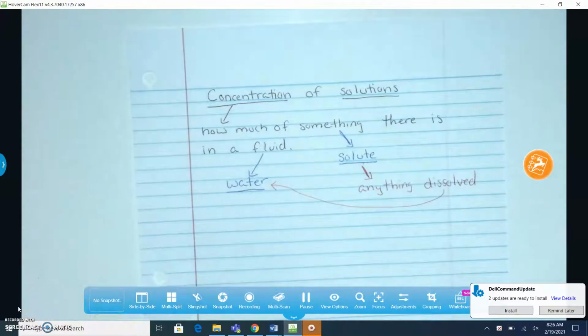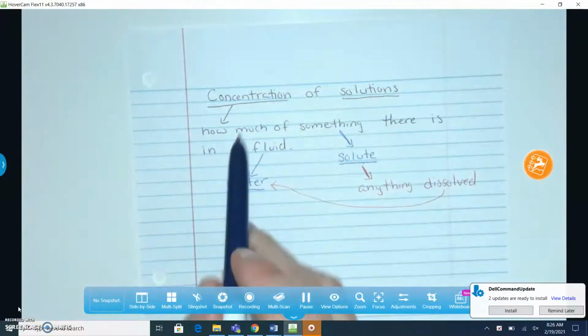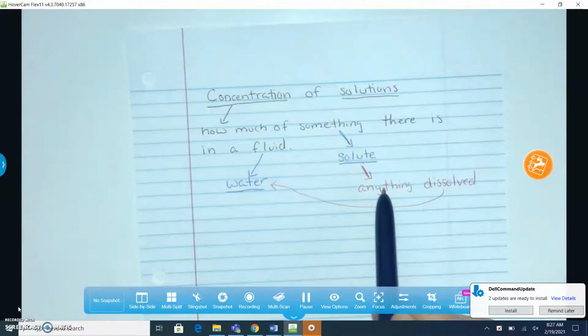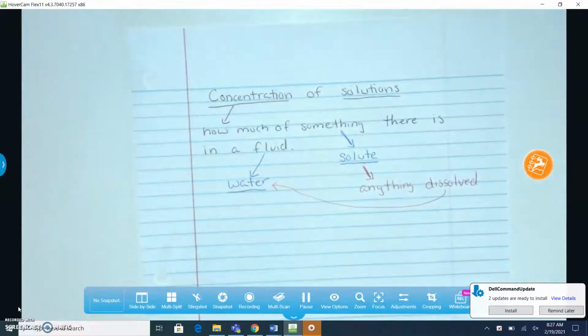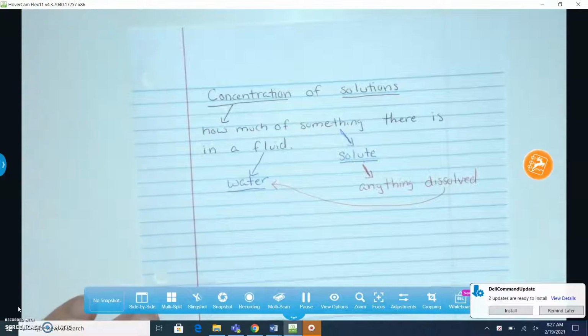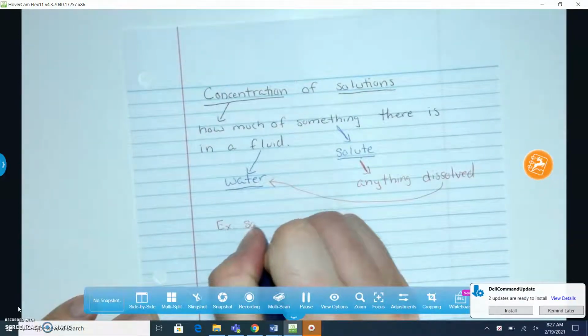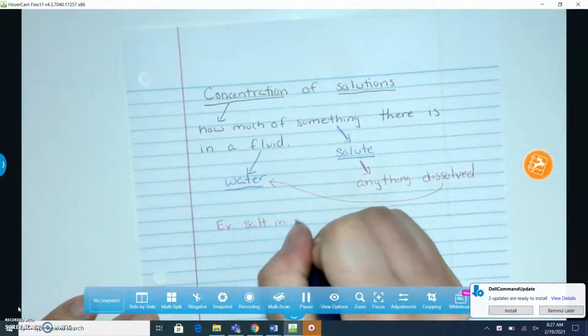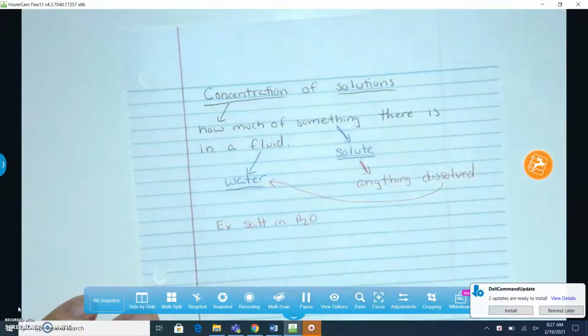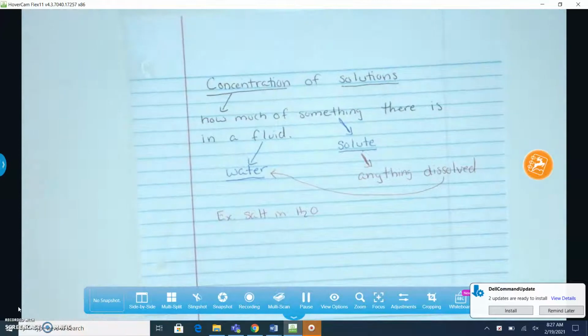So in our demonstration of how to determine the concentration or the amount of something dissolved in water, we're going to be using salt. So in our example, we're going to be looking at salt in H2O, water.